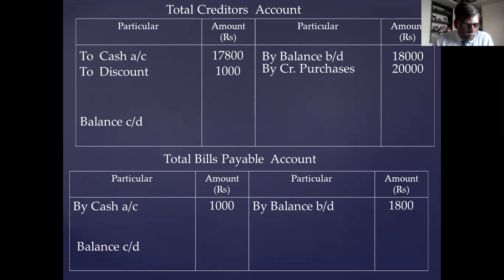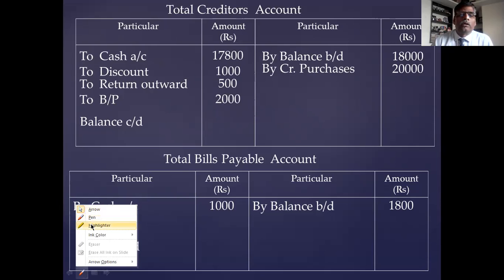After discount, return outward is there. To return outward, it is purchase return, amount is 500. After return outward, next is bills payable accepted. Accepted means bills payable given to supplier. So to bills payable in the creditor account, amount is 2,000.